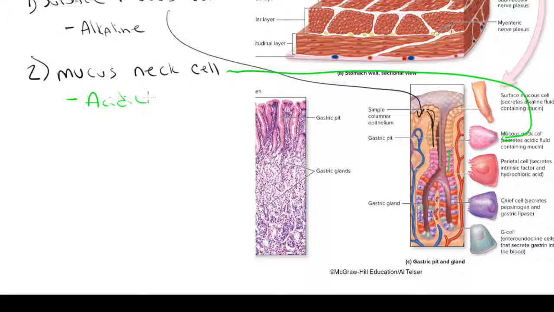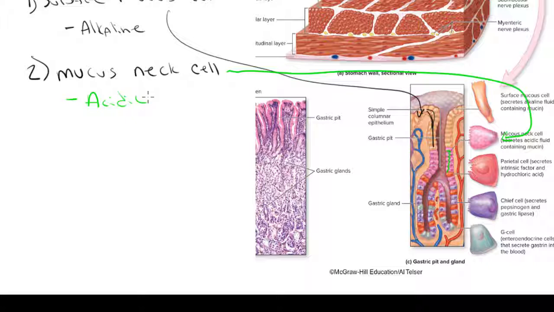The acidic secretion helps to maintain the acidic environment that is produced by hydrochloric acid. Hydrochloric acid is going to be produced by the next cell type we're going to talk about. Both types of mucus, from the surface mucus as well as the mucus neck cells, the mucin is protecting the stomach from abrasion or other mechanical injuries.